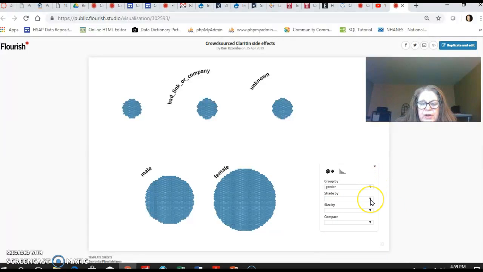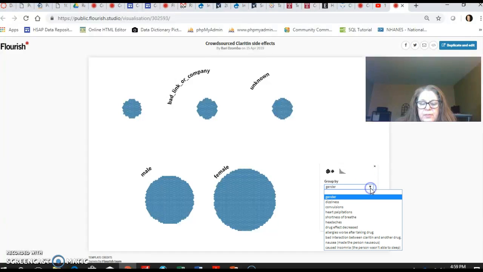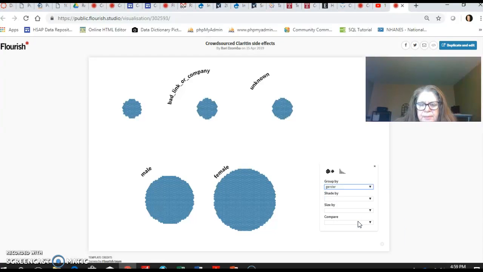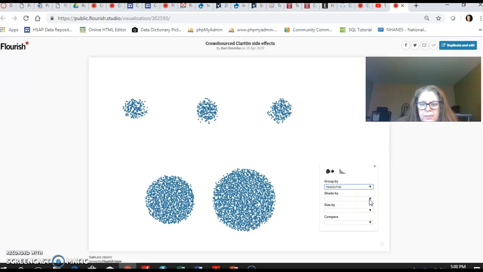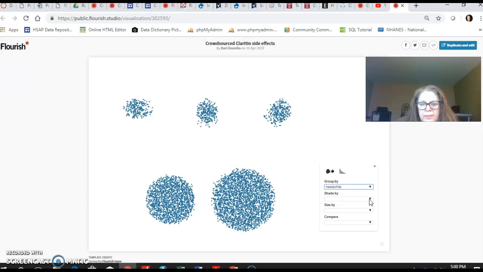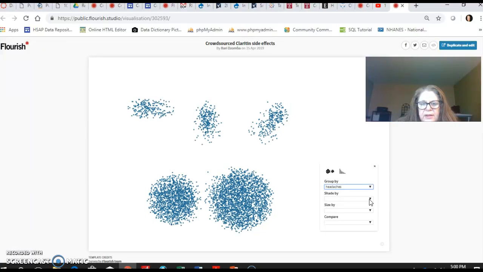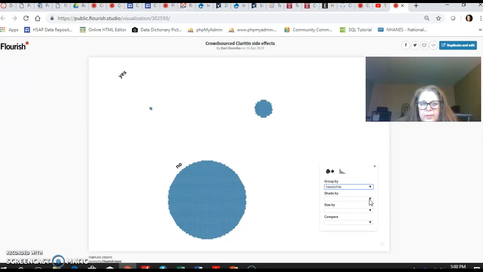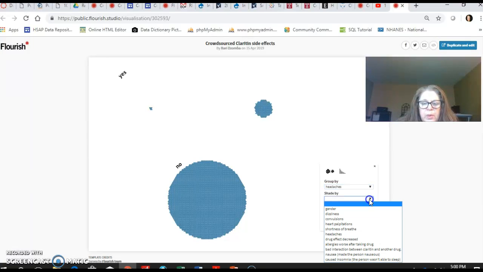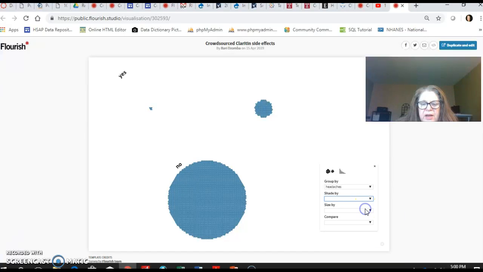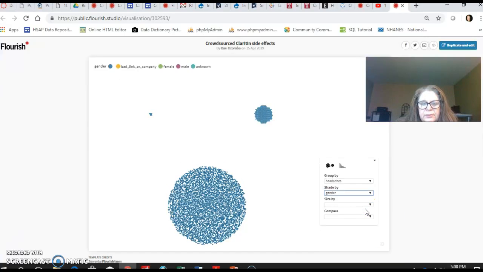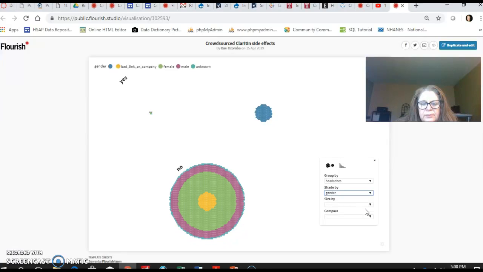Once you group by gender, you could also group by, we'll say, headaches, and once the headache data comes up, yes or no or blank, you could then shade by gender. To slice and dice the data and look at it from various population viewpoints.